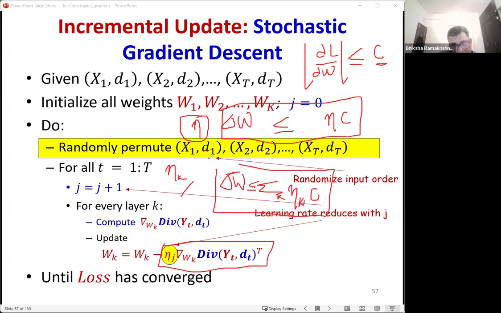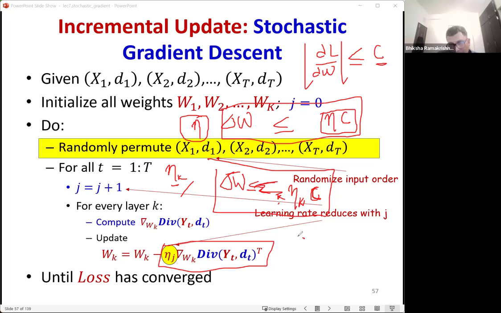Is this making sense to everybody? This one? This is my c. Yes or no? Is this making sense, guys? Okay. So in other words, within any update, the maximum correction is eta k c. If eta changes with iterations, the total correction is upper bounded by the summation over k of eta k c. That makes sense, Aditya?